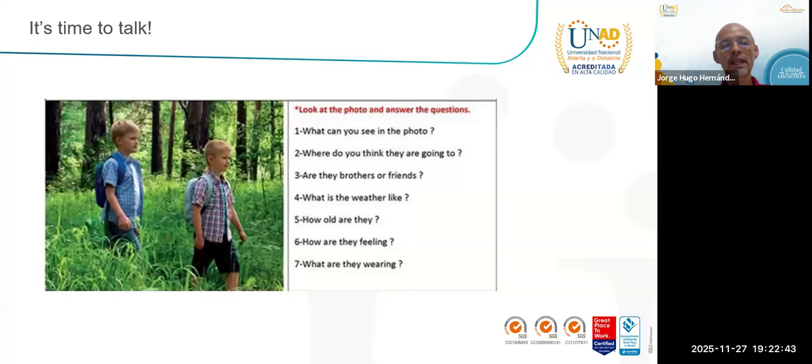This is a simple picture, but I can describe it saying too many things about the weather, about the feelings, about the age, about the clothes, about the relationship between the children, about where they are going to, what they are looking for. Okay, so this is a first example, and this is a first good exercise.